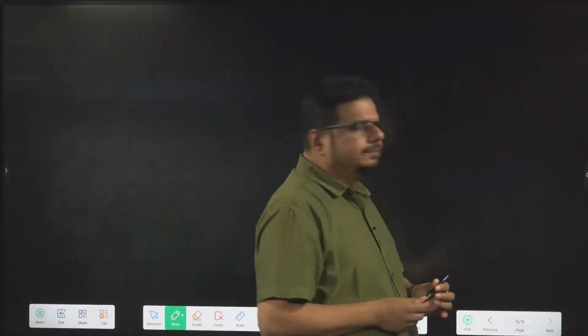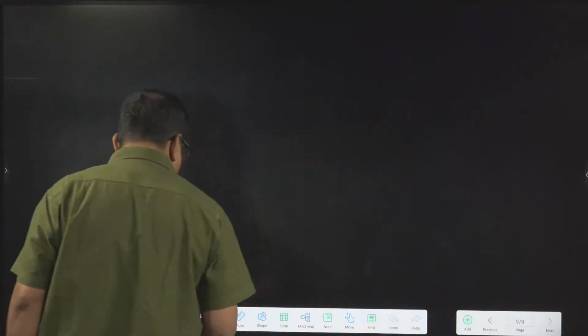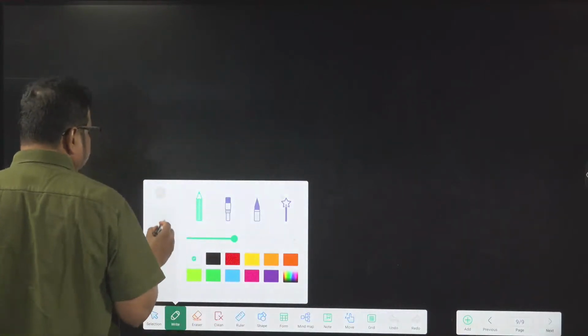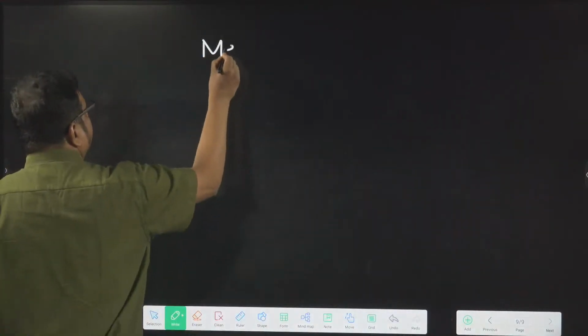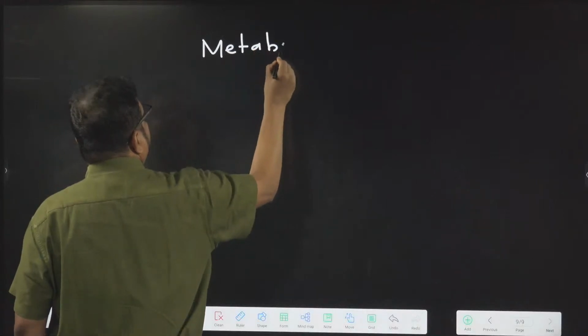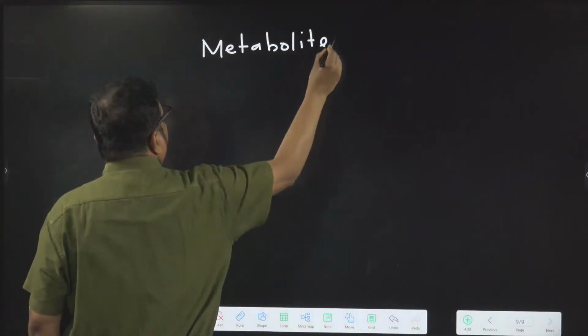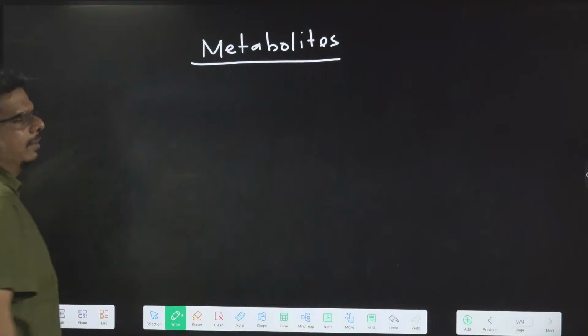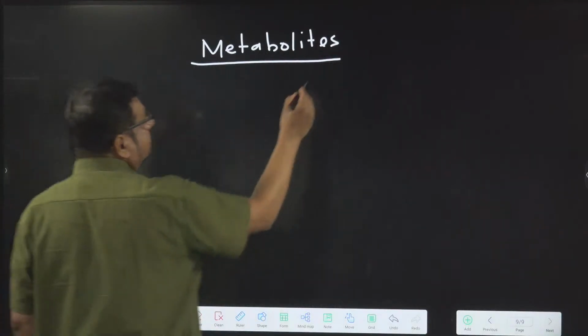So lipid is over. After lipid, we are going to discuss metabolites. What are these metabolites?